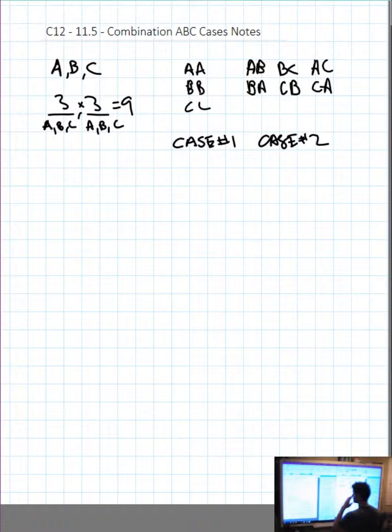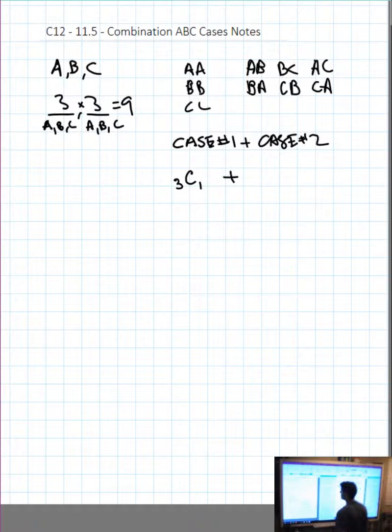Now, how are we going to count these? Well, in the first case, we have 3 examples to choose from, and we're simply choosing one of them. And then we're adding cases together.